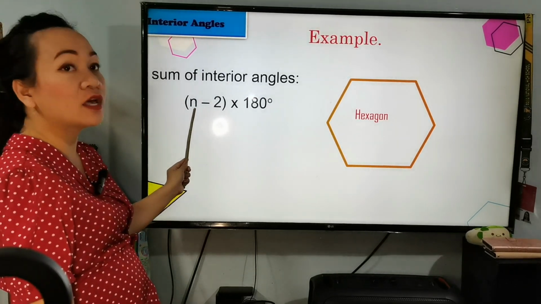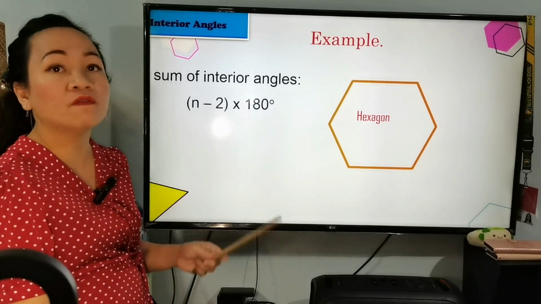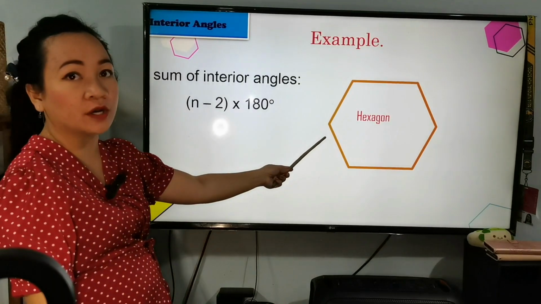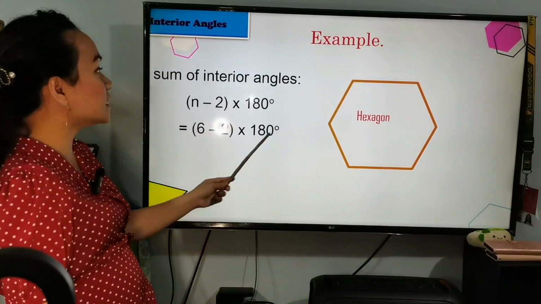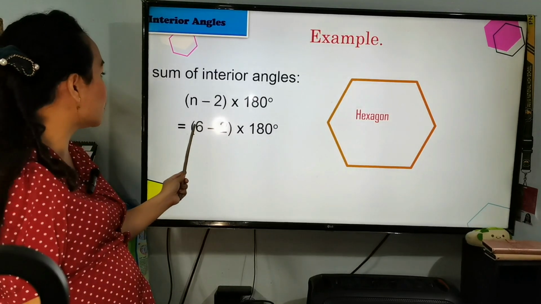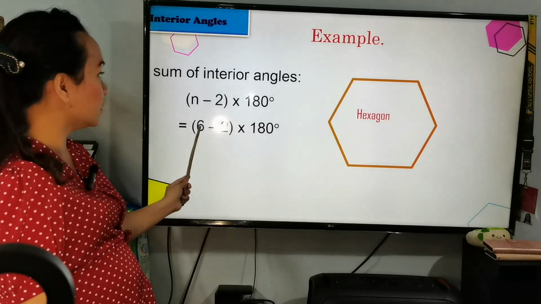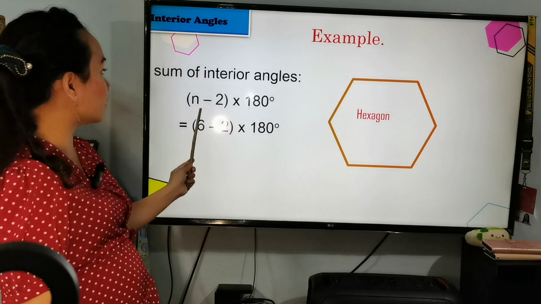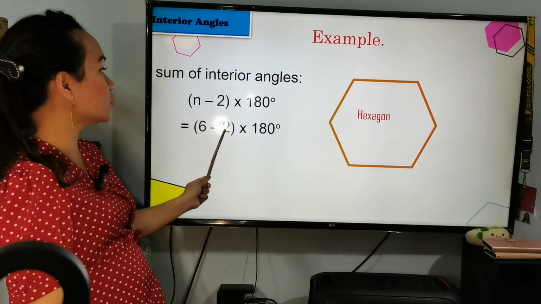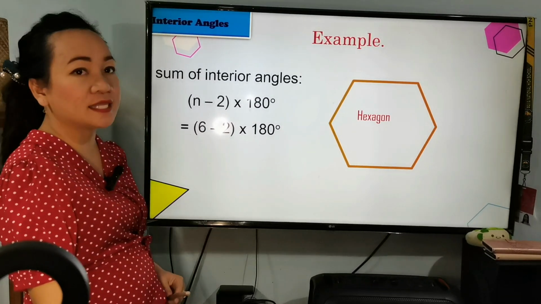Again, our n refers to the number of sides of our given polygon. Since our hexagon has 6 sides, we are going to substitute 6 for n. So, we have 6 minus 2 times 180 degrees.